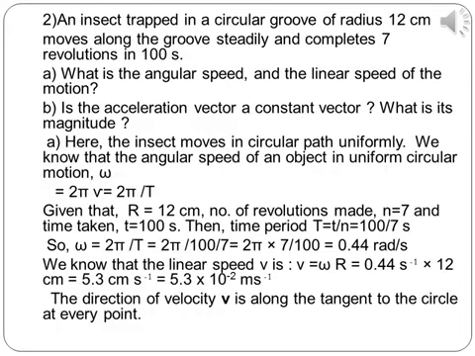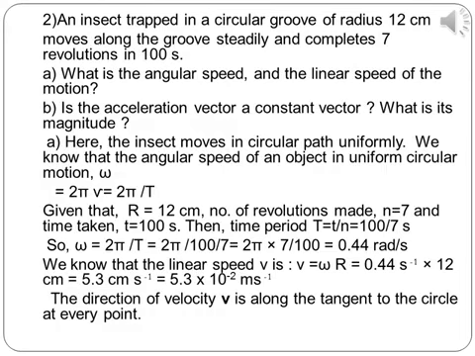So omega is equal to 2 pi by T is equal to 2 pi by 100 by 7 is equal to 2 pi into 7 by 100 is equal to 0.44 radian per second. We know that the linear speed v is equal to omega r is equal to 0.44 second raised to minus 1 into 12 centimeter is equal to 5.3 centimeter per second.